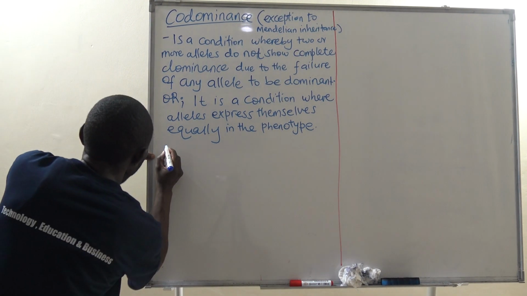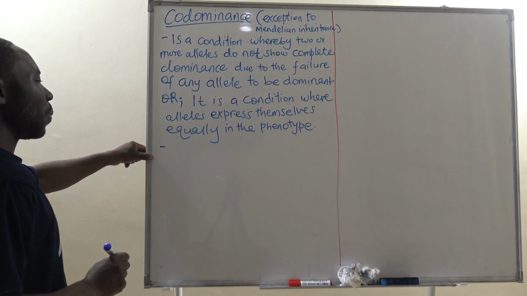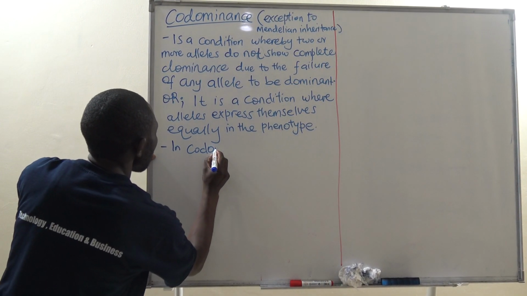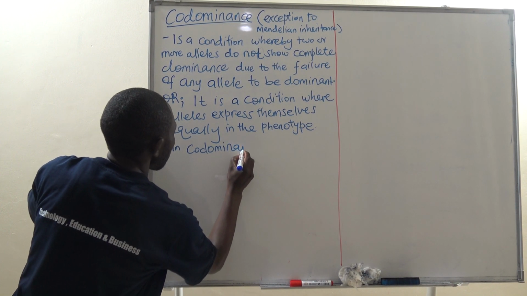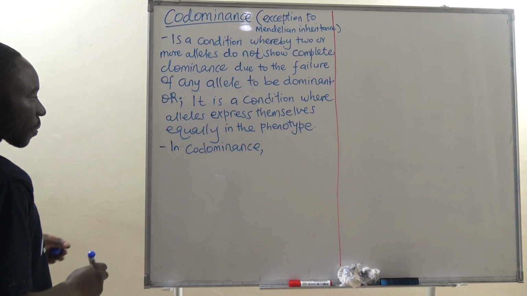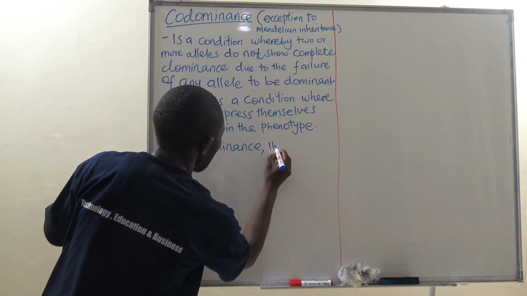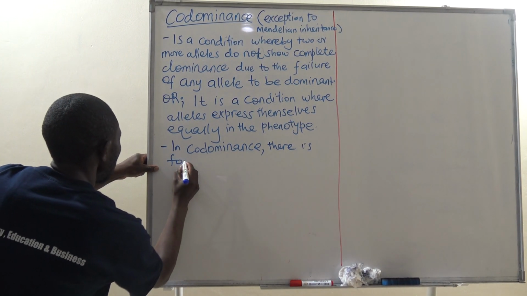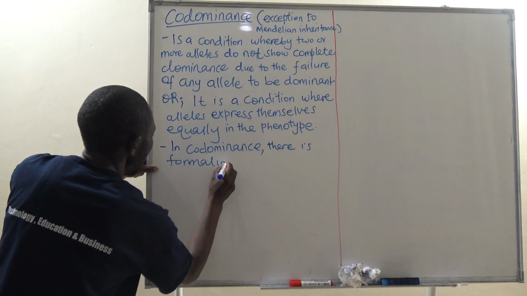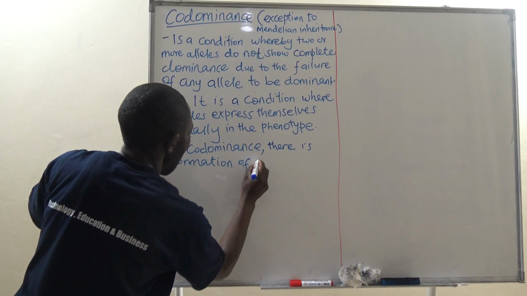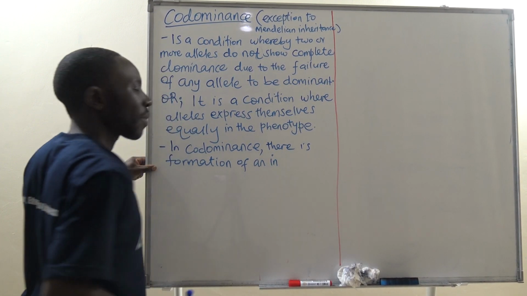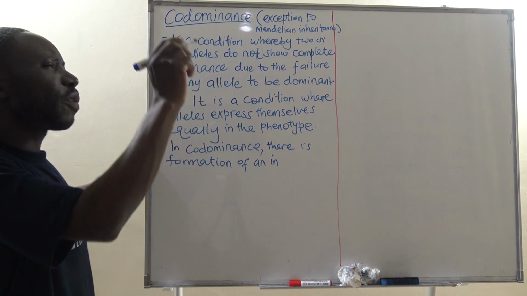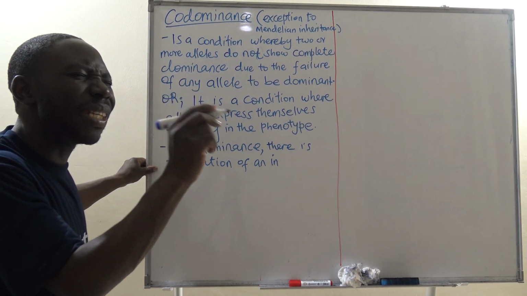Now, we know that in codominance there is formation of an intermediate.